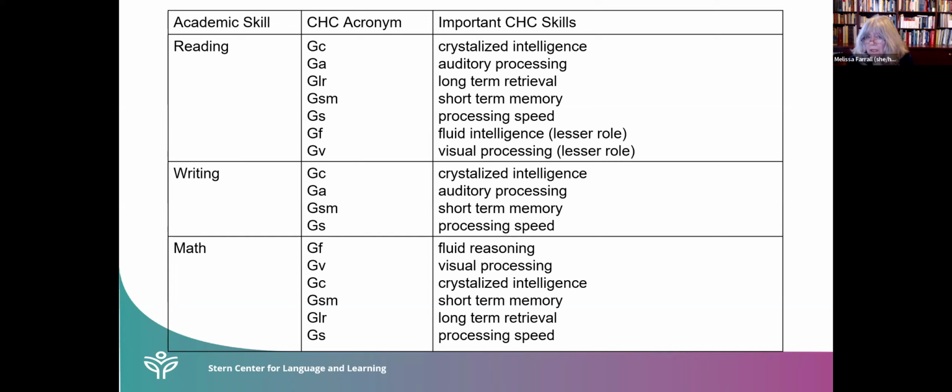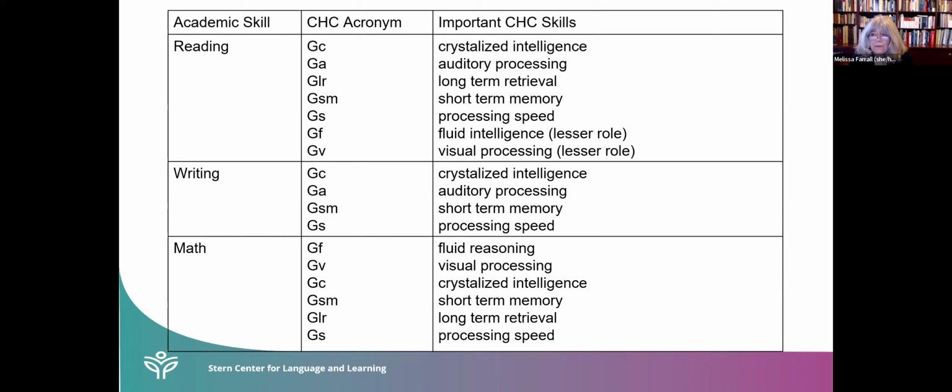So when we look at strengths and weaknesses, in theory, what we are talking about at our team meetings is not just that he's got this weakness, he's got a weakness in visual processing. It's understanding how that weakness undermines skill in math or skill in reading. Right?